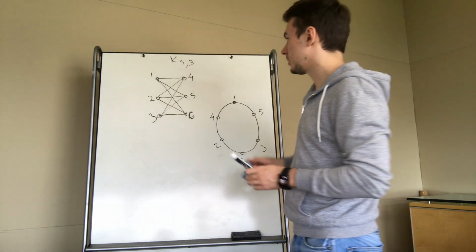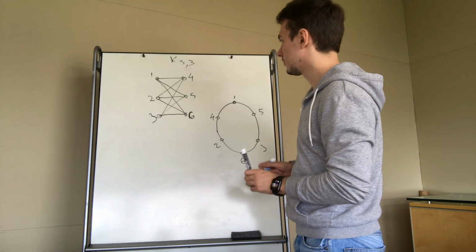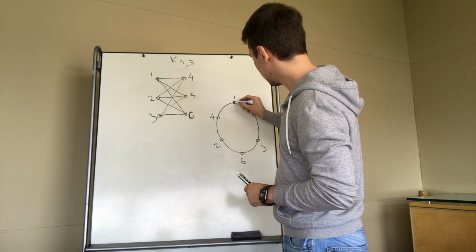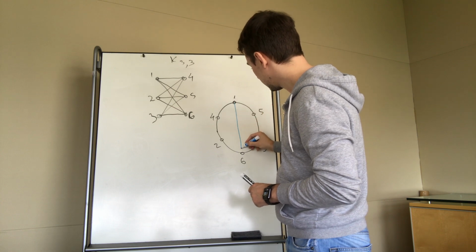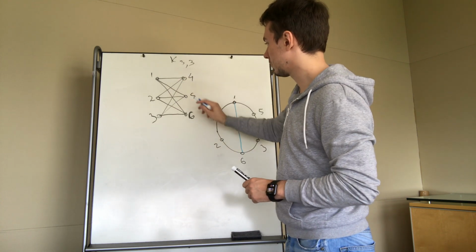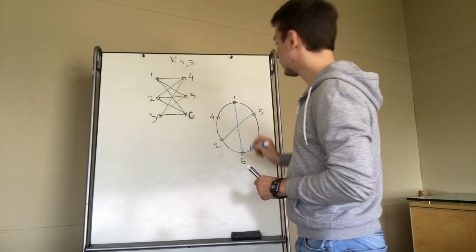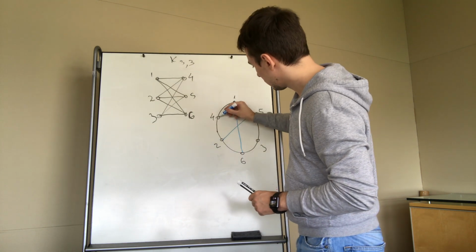And it also has a few subgraphs, which are 1, 6, 2, 5, and 3, 4.